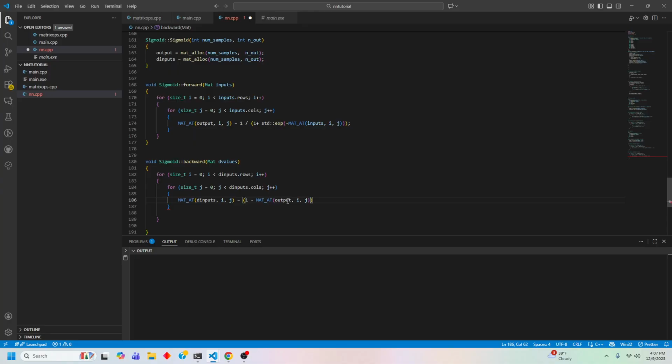So 1 minus that, times, and using the chain rule, we have to multiply it by the d values, the derivative value that's coming in from later layers.